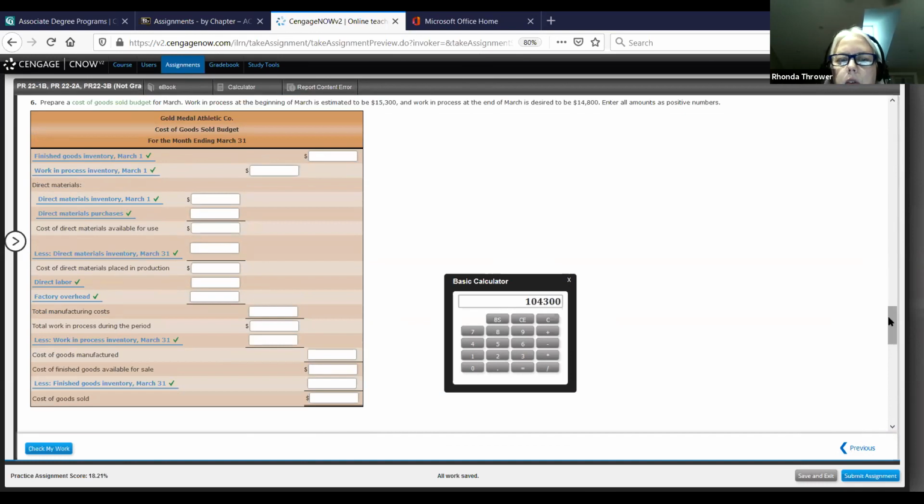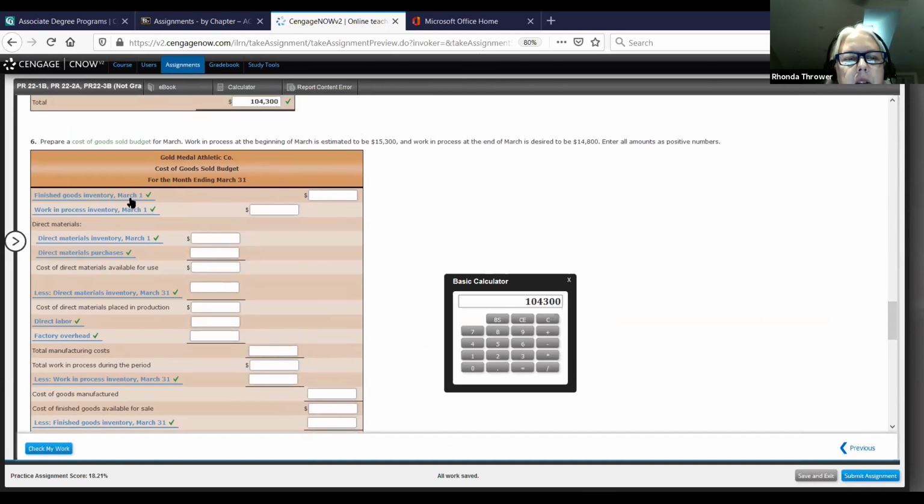And the finished goods inventory at the beginning of the period is going to be a calculation that you have to know how to do. And those calculations I've got in an Excel spreadsheet. So I'm going to flip back and forth for just a minute. Hopefully this will work out between my Excel worksheet and my Cengage budget.